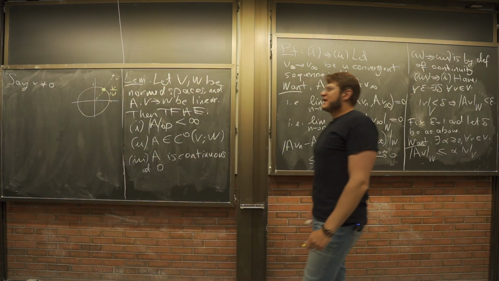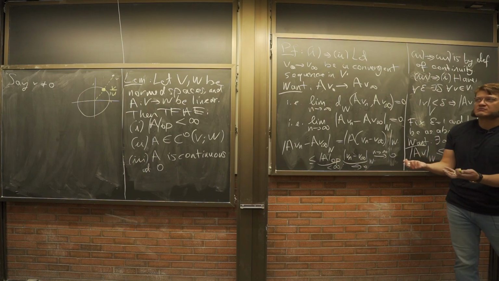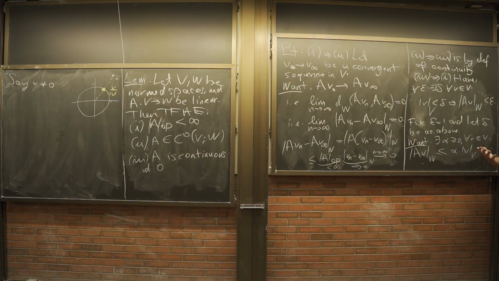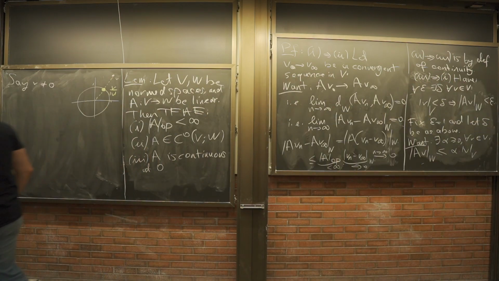I scaled this so that now this new vector has norm 1. Now, if I were to rescale that vector again by, let's say, delta over 2, then I can apply this implication.